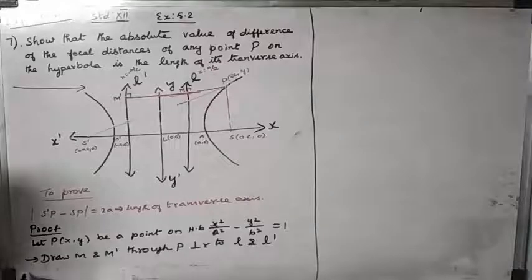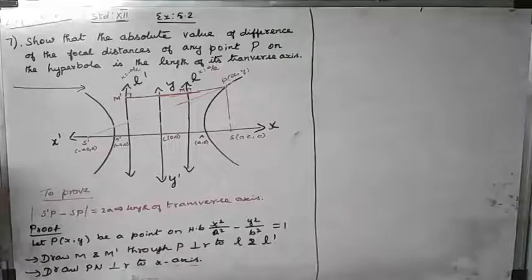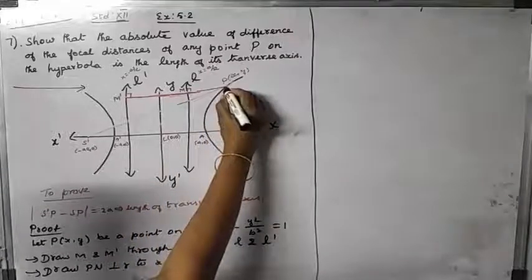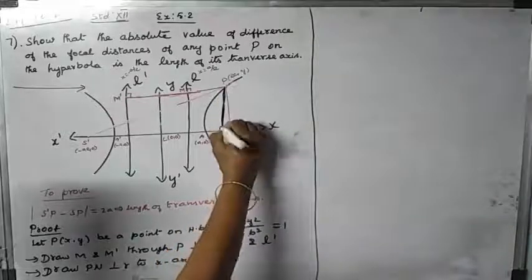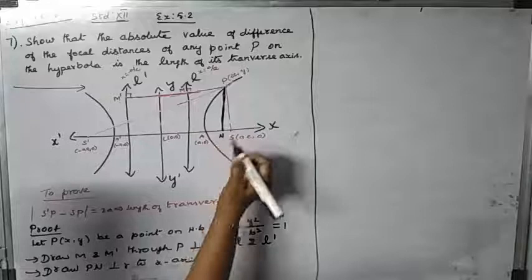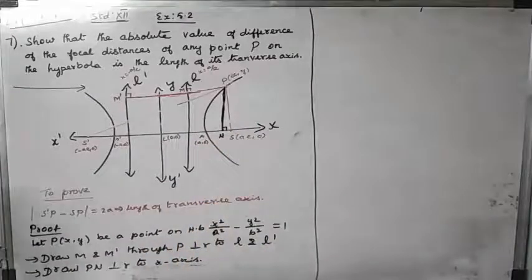And the next one, draw PN perpendicular to the x axis. So this is N. So PN is perpendicular to the x axis.